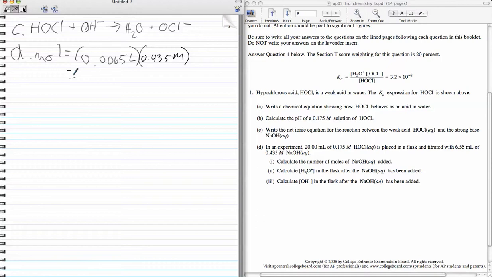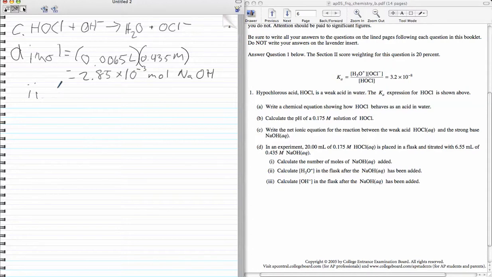So when we do that, we come out to, looks like 2.85 times 10 to the negative 3 moles of NaOH that we've added at this point. Okay, so this is part I.